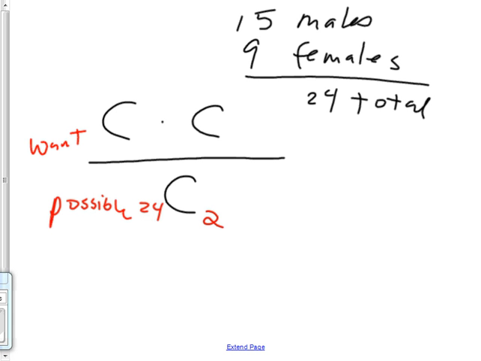Well, then you say, this is the male, this is the female. I want it to be 1 guy, which you can do easily. Not hard. 15C1 and 1 female, 9C1. There is your formula that masters the hardest probability.